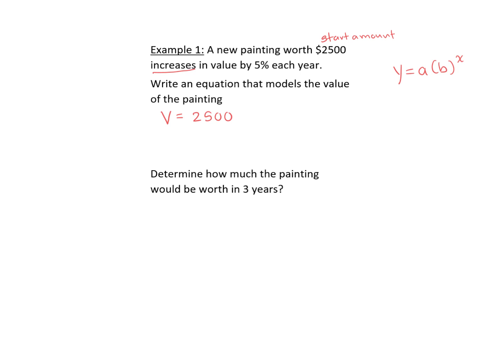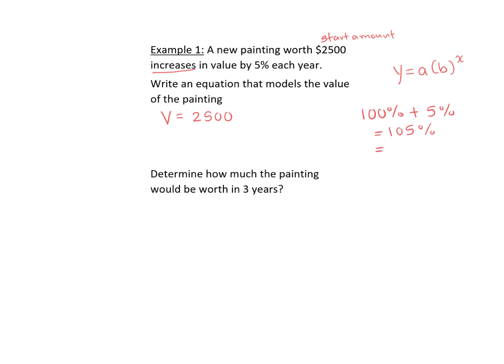The common ratio, the increase is given as a percent. So no change in value would be 100%. If you have an item that's worth 100% of what it was valued at last year, it's the same amount. And then if it's increasing, we're going to add 5%. So next year it would be worth 105%, and we're going to write that as a decimal.